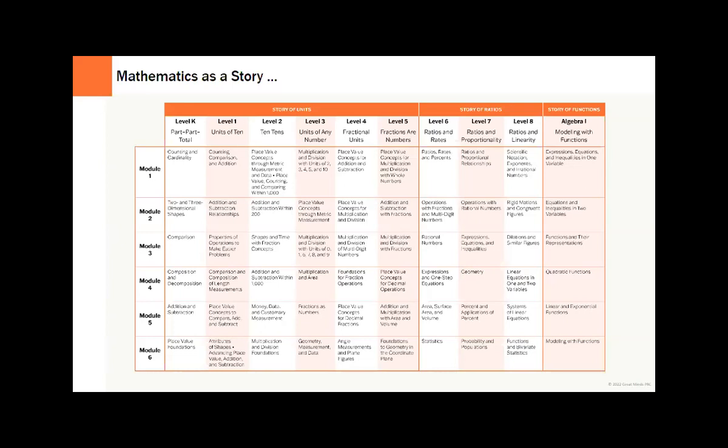So as you can see from each one, it's that initial understanding and representation of part to total, and then breaking that up into units of 10, 10s, 10 tens, and so on as they move up into the middle grades, the story of ratios, and then continuing on into algebra with the algebraic functions. And within each of those areas, there's 6 modules that the students will complete as they continue.